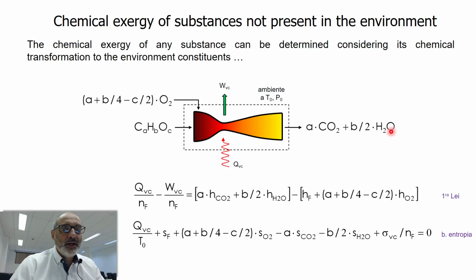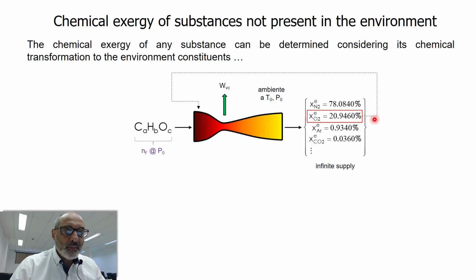CO2 and H2O are components of our atmosphere. So, going back one slide, if the chemical substance is not present in the reference environment, I'm going to use one or more components here to react in order to form the same components here.